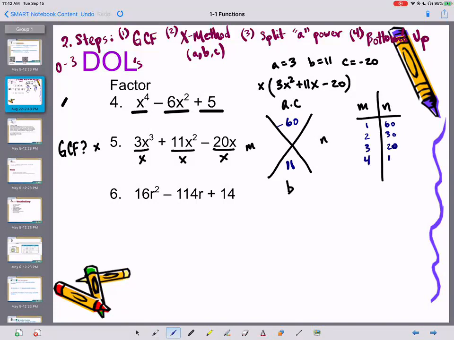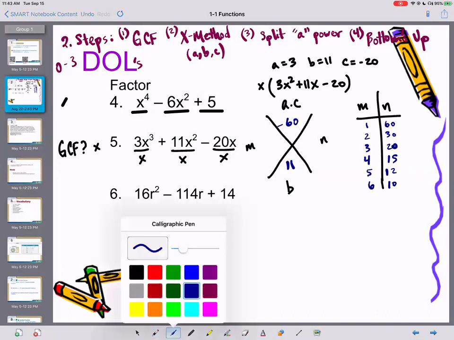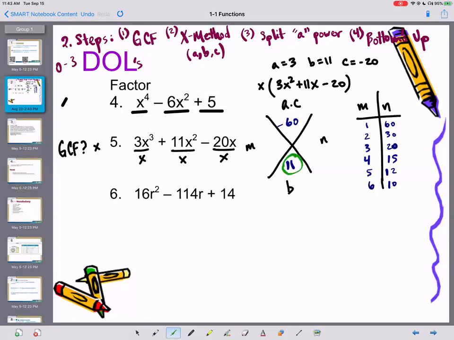There's 4 and 15. 5 goes in 12 times, and there's 6 and 10. I don't think 7 goes into 60. 8 does not go into 60. That's all of them right there. So now out of that combination, you're looking for which one could somehow add and subtract to be 11. So that's what we're doing now. We're looking for the combination of 11.